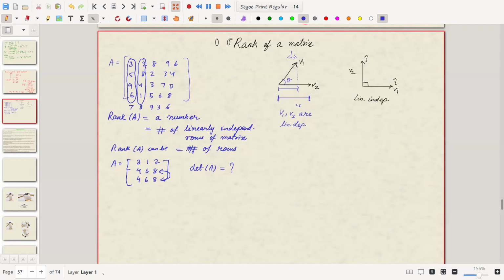Therefore, a method to compute rank: the first step, if a matrix is given to you or pops up in your application, is to compute the determinant of that matrix.